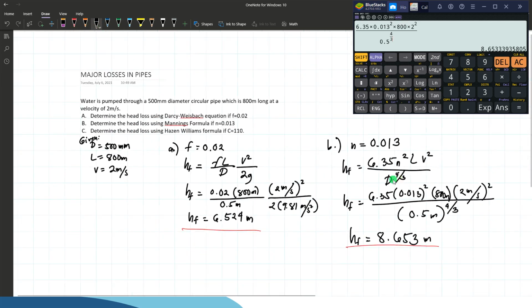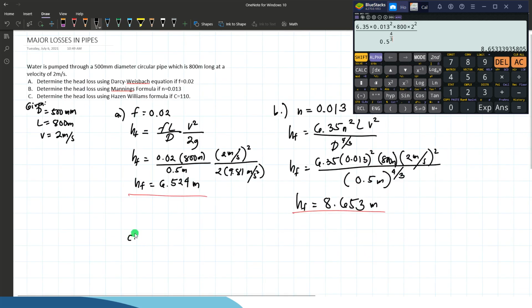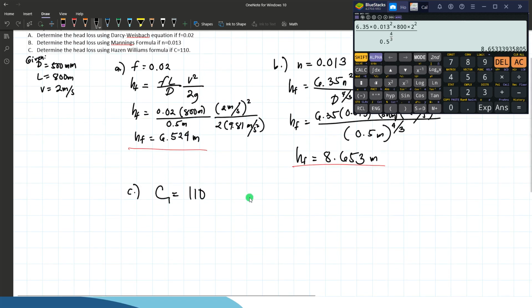For letter C, determine the head loss using Hazen-Williams. So C1 is 110. The given formula in Hazen-Williams is in terms of discharge, which is 10.67 L Q raised to 1.85 whole over C1 raised to 1.85 D raised to 4.87.